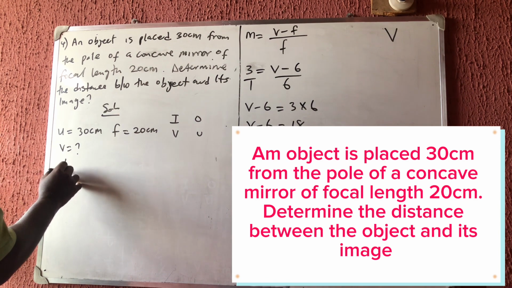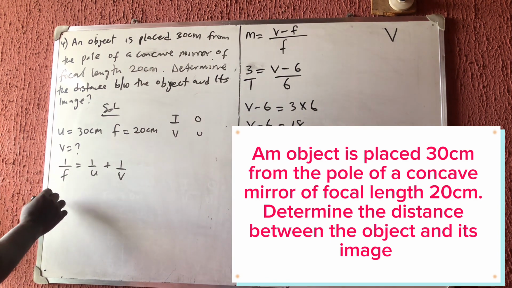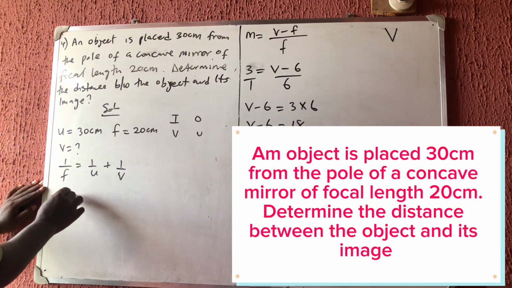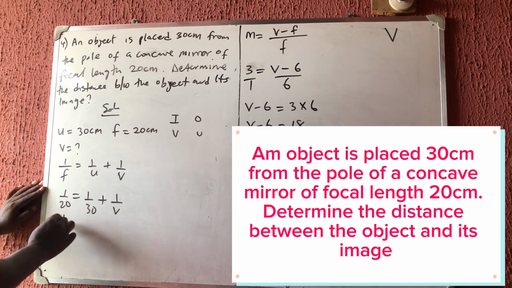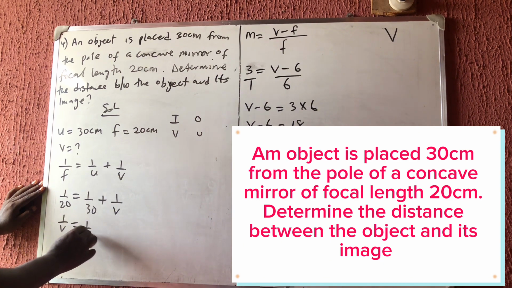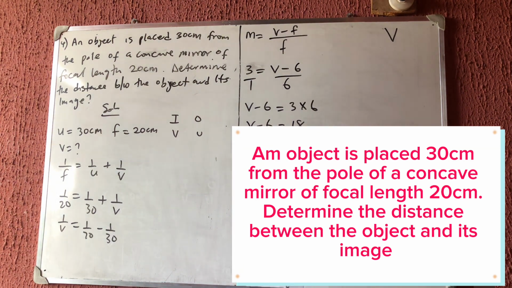I know that 1 over F is equal to 1 over U plus 1 over V. So I have that 1 over 20 is equal to 1 over 30 plus 1 over V. Therefore, 1 over V will be 1 over 20 minus 1 over 30. What's the LCM?